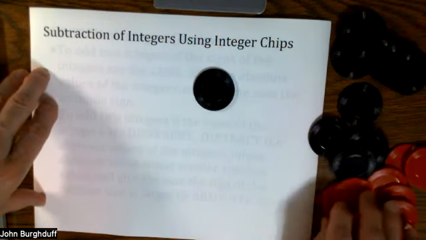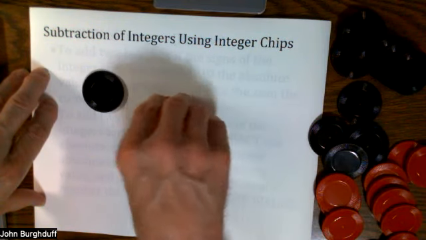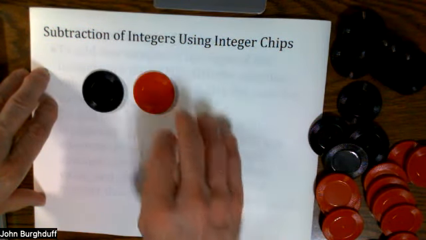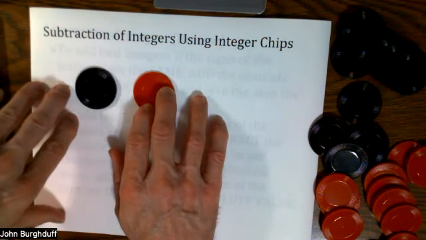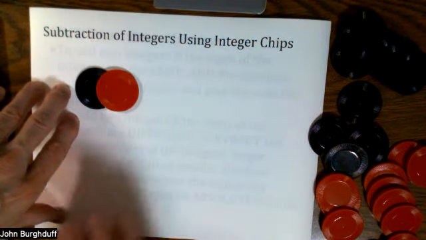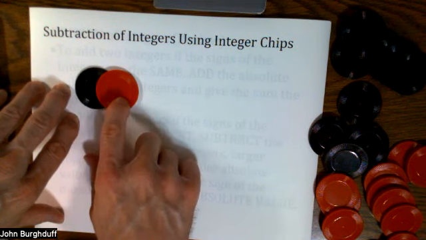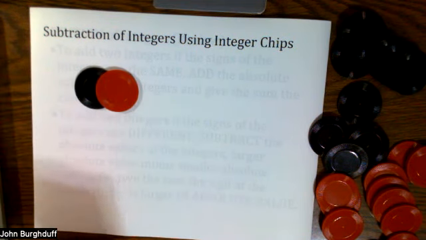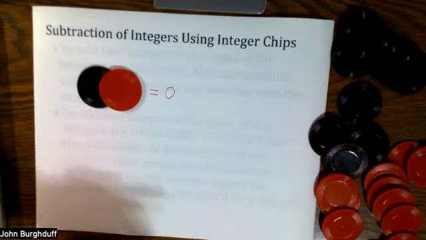As I begin looking at integer chips, I want to remind you of a major idea that we saw on the first video. And that is what happens if you put together a single black chip with a single red chip. If you take a black chip, which represents +1, and combine it with a red chip that represents -1, the result you get is a 0.